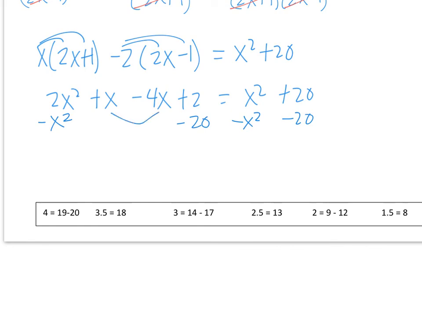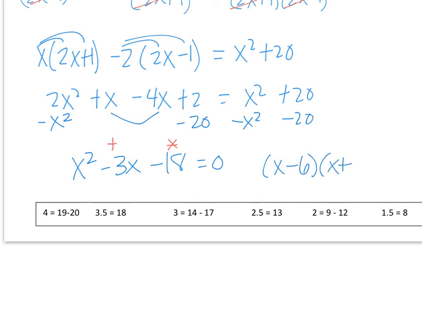And I'm going to combine these like terms. So x squared minus 3x minus 18 equals 0. What adds to the middle and multiplies to the end? Well, we get (x minus 6)(x plus 3). Set each one individually equal to 0, and we get x equals 6 and negative 3.